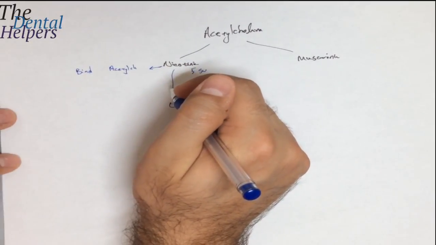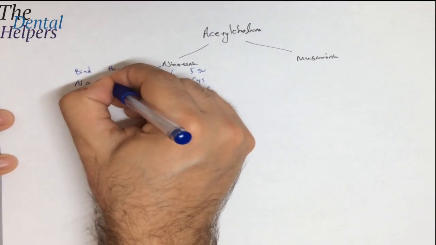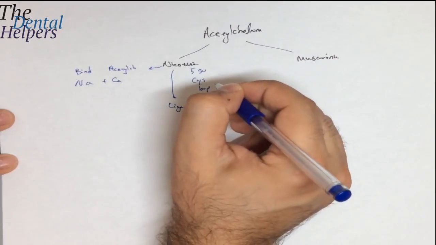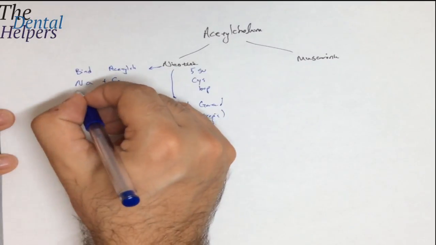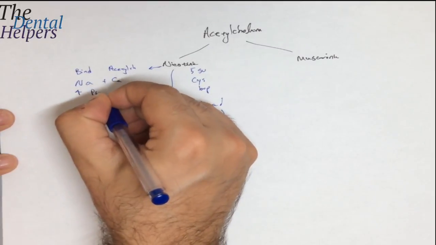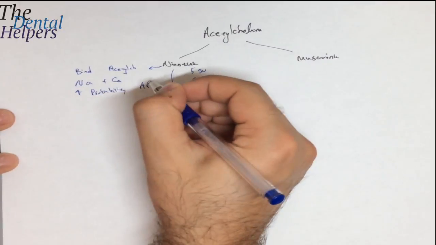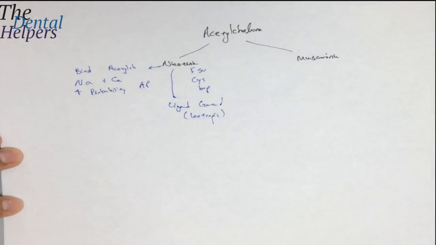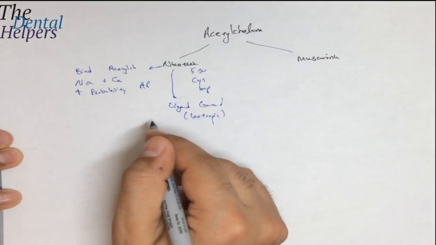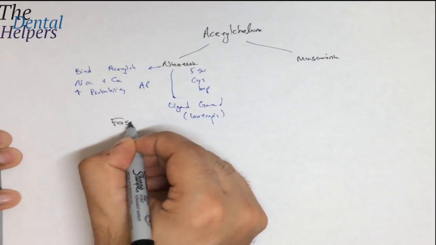When they're open, you have sodium and calcium flowing into the cell, causing membrane depolarization, and that leads to an increased probability for an action potential. Now, if we're looking at the ligand gated, some of the properties are, as I said, it's fast.